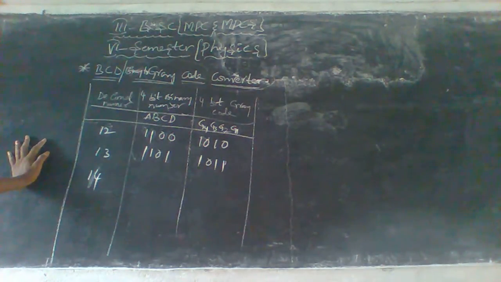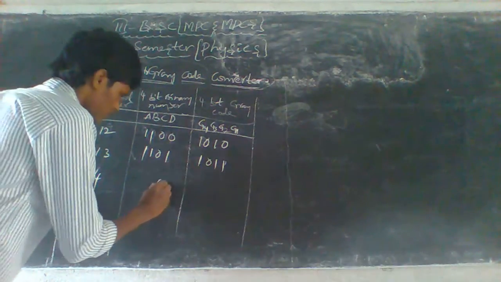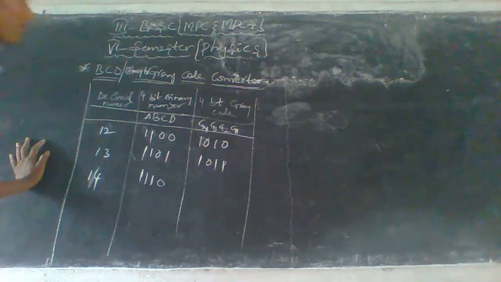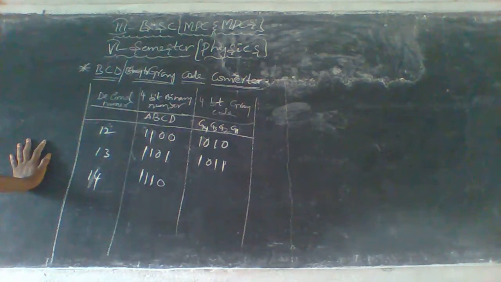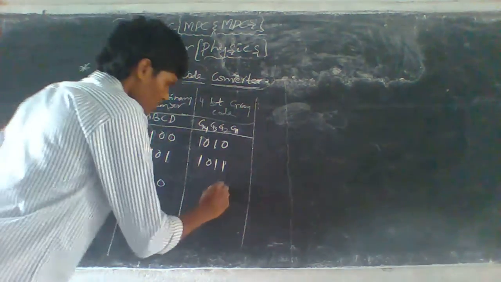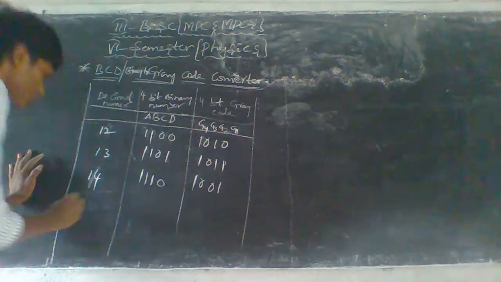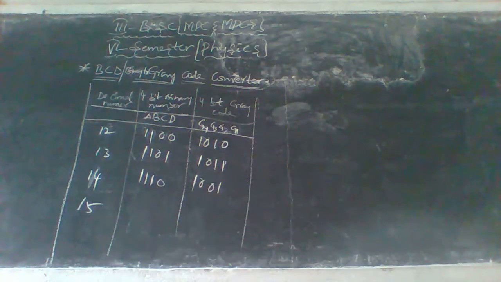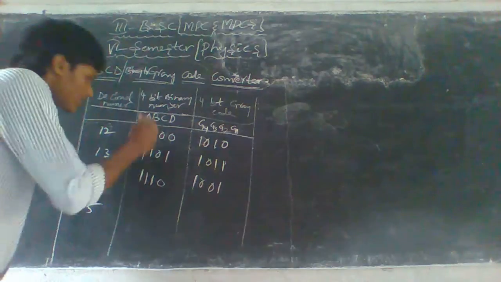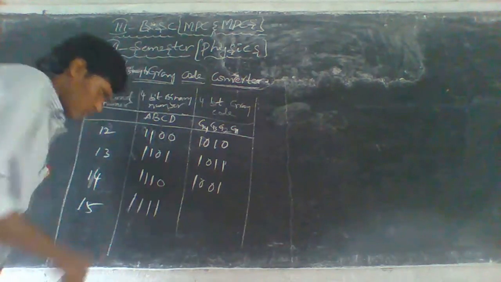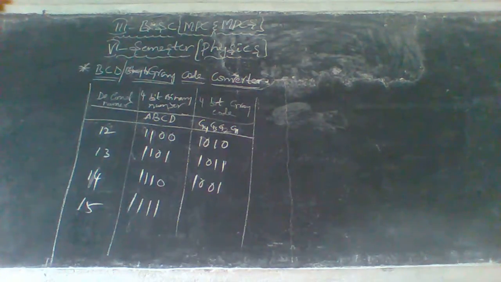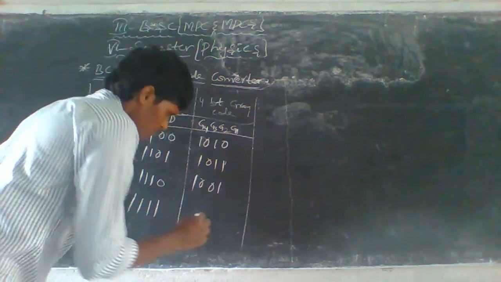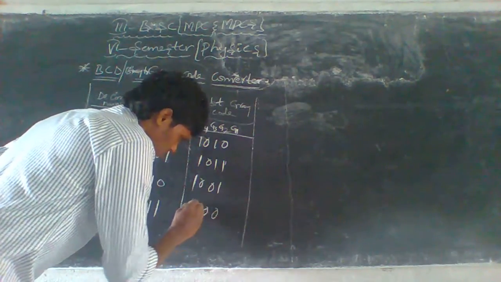For 14, the 4-bit binary number is 0111, and the 4-bit gray code is 1001. For 15, the 4-bit binary number is 1111, and the 4-bit gray code is 0001.